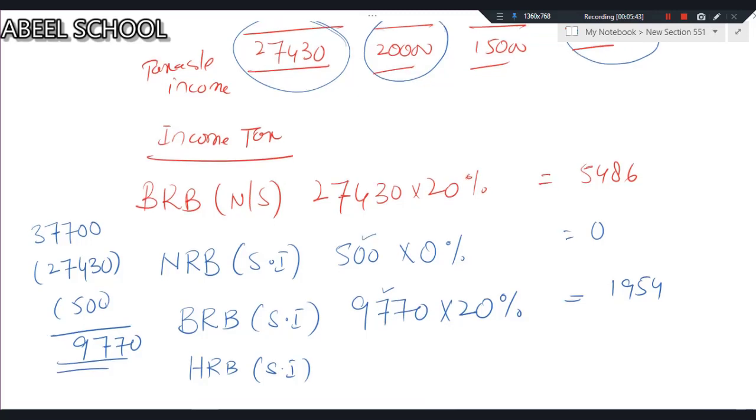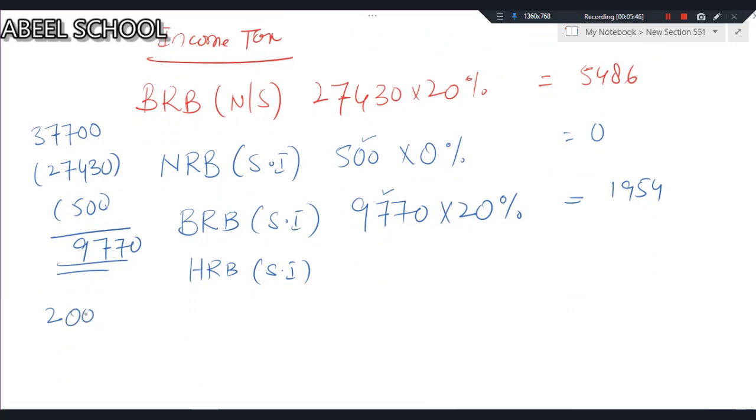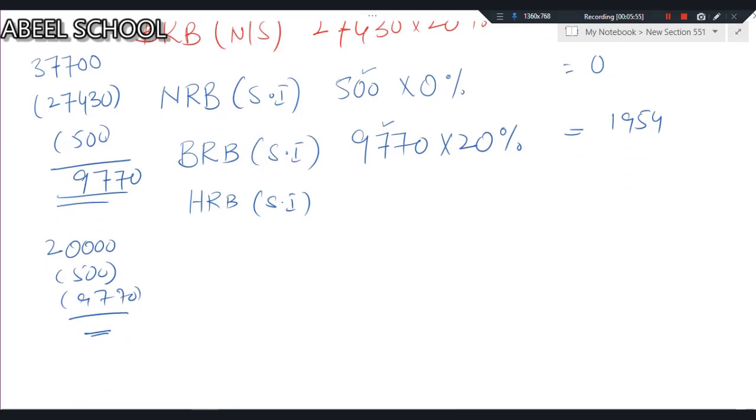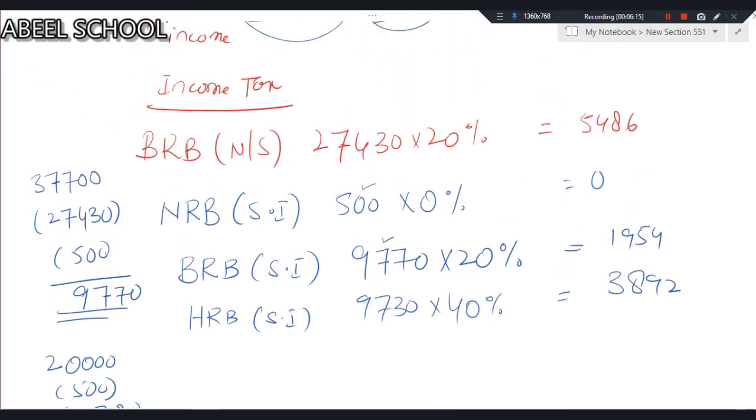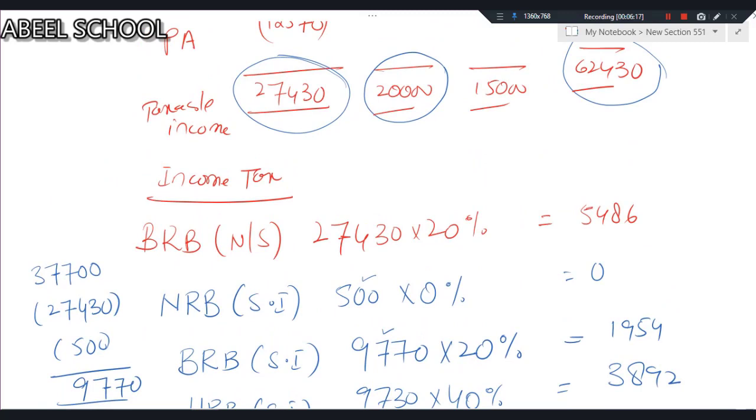Dear student, from 20,000 we need to deduct 500 and 9,770. 20,000 minus 500 minus 9,770, I'm getting 9,730. Obviously, the 9,730 falls in the higher rate band where the tax rate is 40%. I'm getting 3,892.